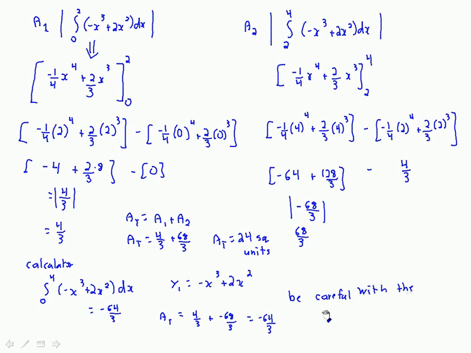It will do a great job, but it's limited in that it recognizes that A1 is positive and that A2 is negative, so it just adds them together, and then you're going to get a negative answer. You could have broken it into two sections, of course, in your calculator, 0 to 2 and then 2 to 4, but you would also have had the negative. You'd have had to make sure you adjusted it yourself. So something to be aware of.